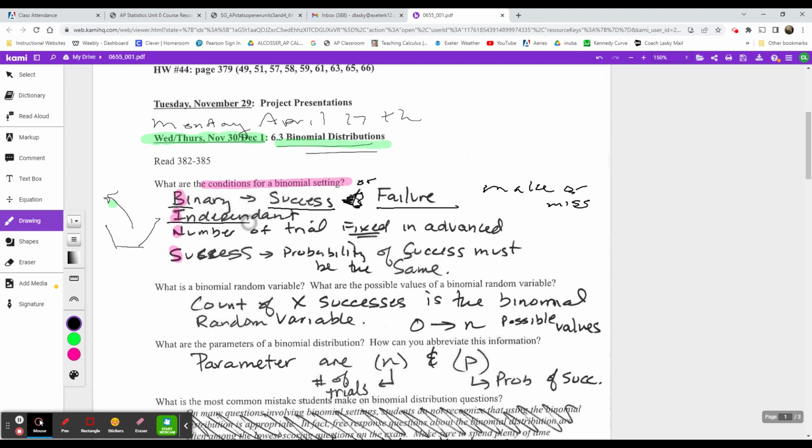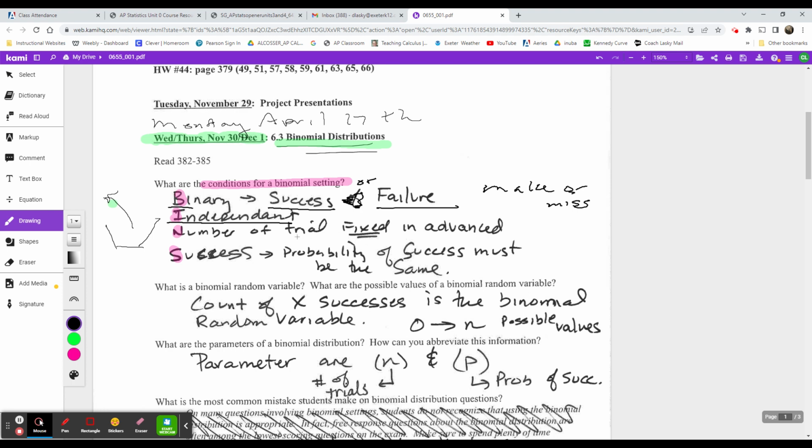Independent. It's not the 10% rule. It is literally, does one success influence the next success, or does one failure influence the next failure? So are they truly independent trials? N is for the number of trials, and it has to be fixed in advance.